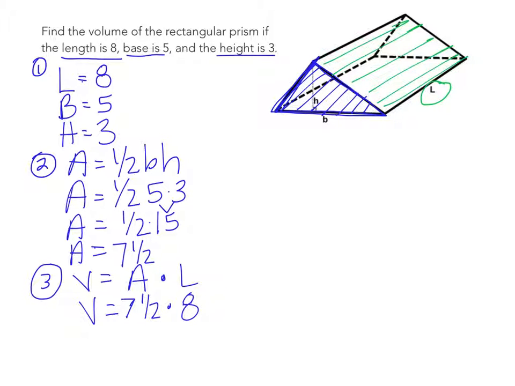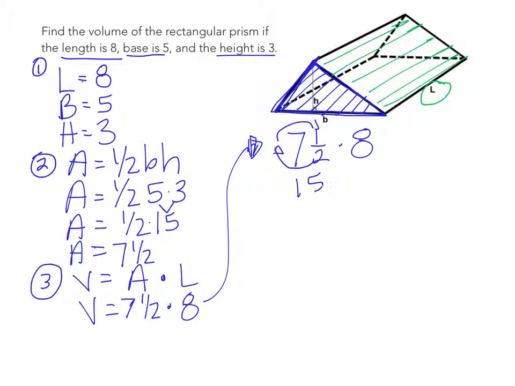All right, I'm going to continue my work up here in order. So I have 7.5 multiplied by 8. I'm going to remember how to turn this into a fraction. 2 times 7 is 14, add the 1 is 15. So I have 15 halves times 8 over 1.